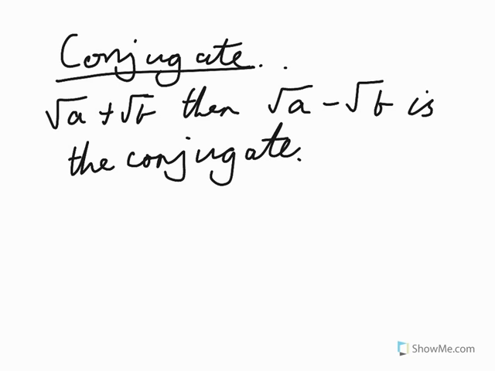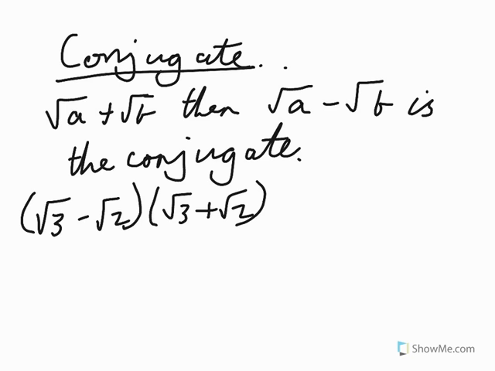And a very interesting thing occurs when you multiply something by its conjugate. So root 3 minus root 2 multiplied by its conjugate root 3 plus root 2.